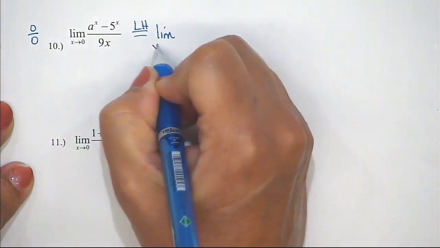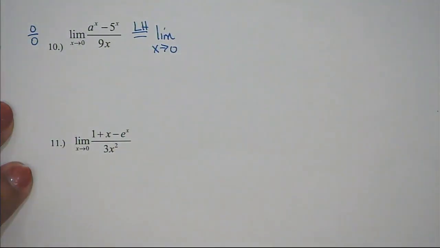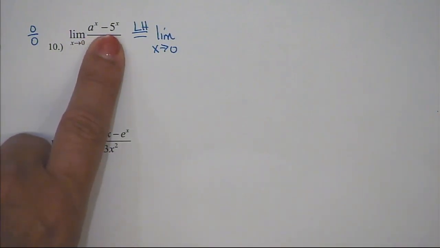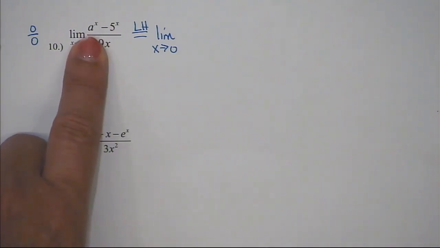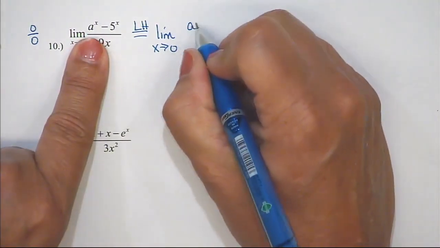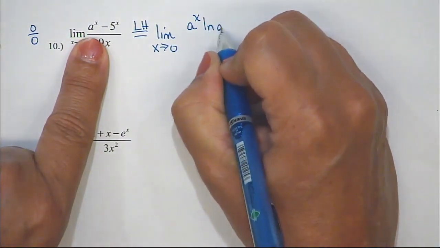Okay, so the limit as x goes to 0. All right, so good review. So remember, a is a constant, just like 5 is a constant. So this is an exponential function. Derivative of any exponential function is the exponential function times the natural log of the base. So the derivative of a to the x is a to the x times the natural log of a.